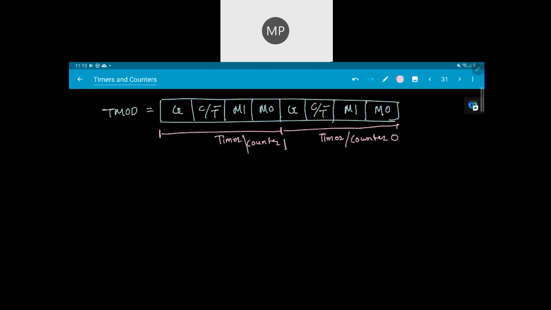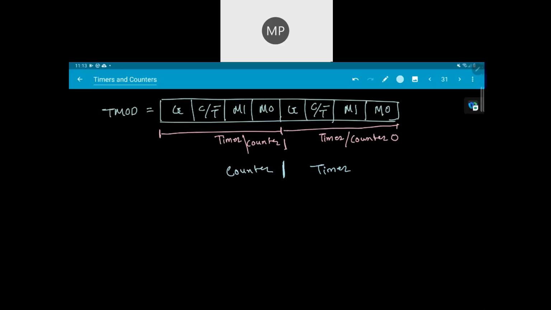Right, now since we know this, this is the separation between these two. Can we use timer/counter 0 as a timer and timer/counter 1 as a counter?